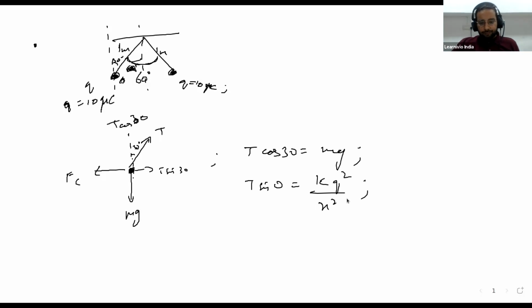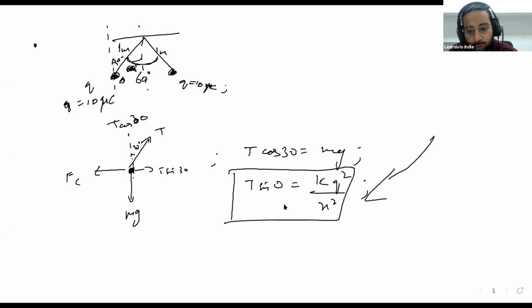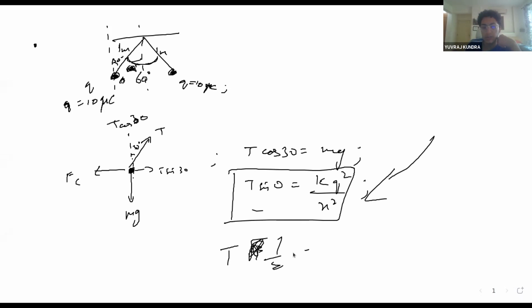Now, in the previous case, we found x as a function of other things, right? Now we can just substitute that value back and calculate T from only this equation. So I just used the second equation and I got the answer from that. T was coming 1.8 newtons.